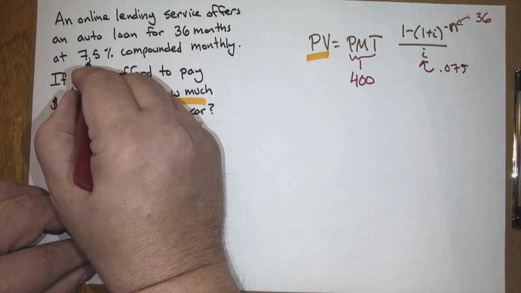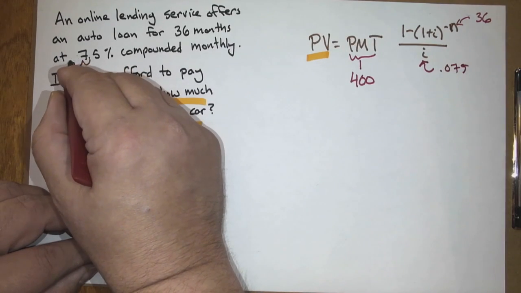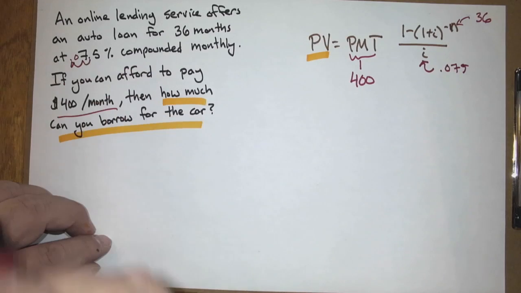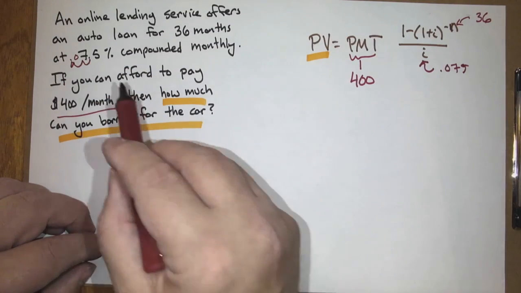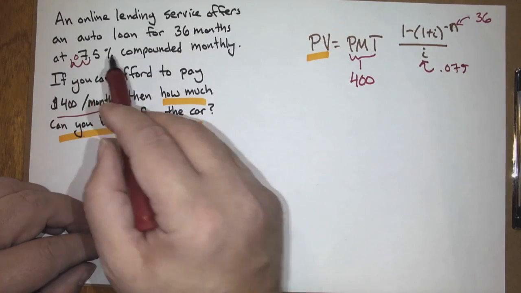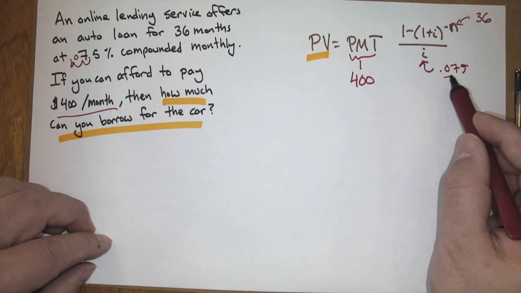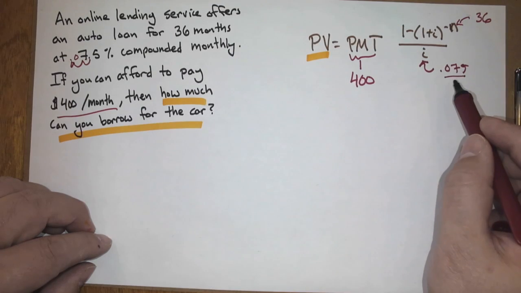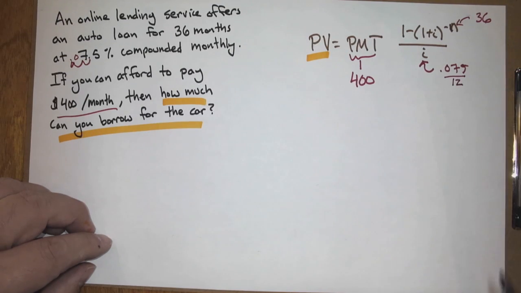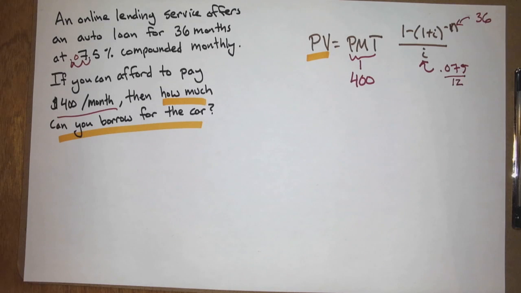You move the decimal over 2 places, so there's going to be an extra 0. And this 7.5%, the implicit thing is if it doesn't specify, it's per year, because a 7.5% interest per month is very steep. So you take the 7.5%, that's your yearly, but then you say, how often do you compound it? We can compound it monthly, so we divide by 12.